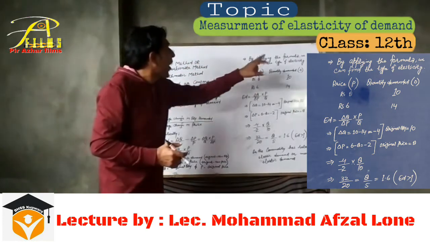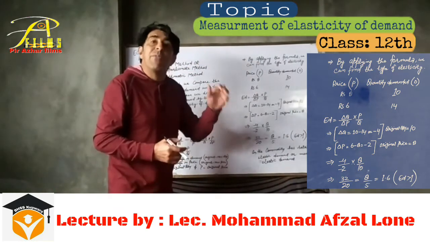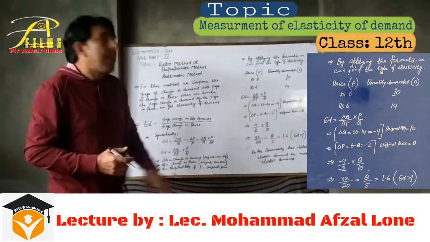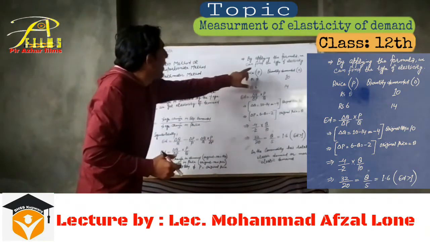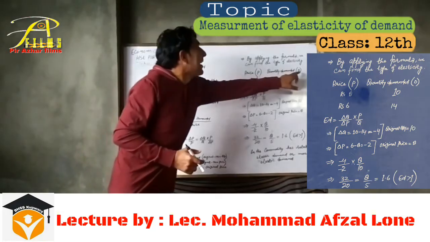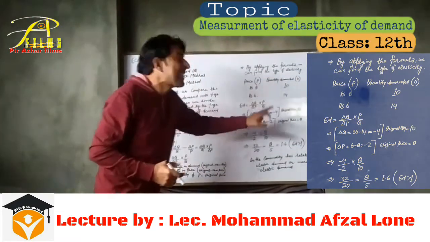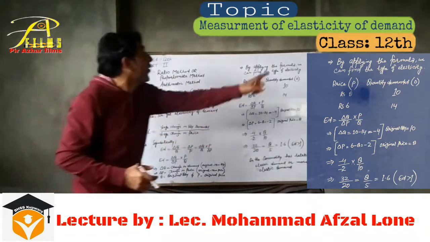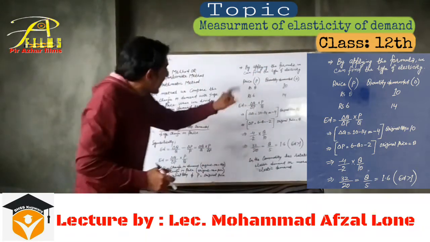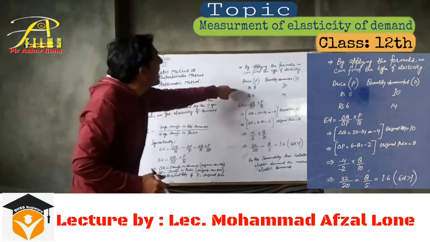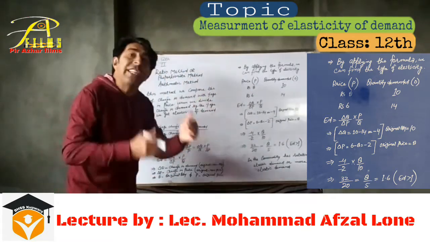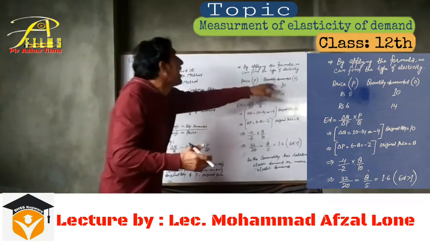Let us suppose this is price P, this is quantity demanded D. So price is denoted by P and demand of a commodity is denoted by D. Let us suppose our price is rupees 8. At this price, the quantity demanded of a commodity is 10 units.